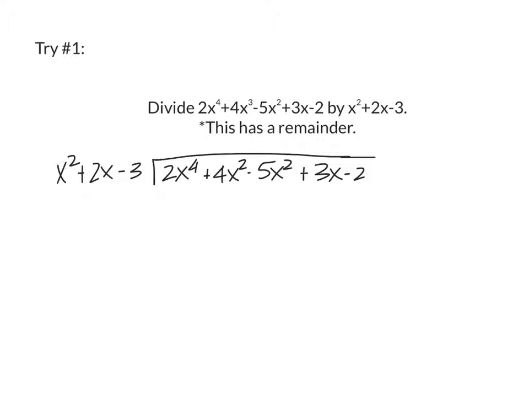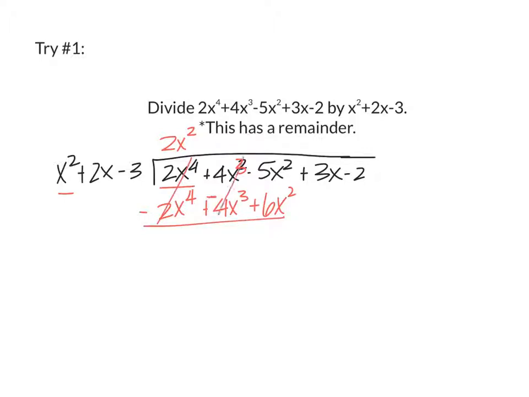If I focus on my first two steps, 2x to the fourth divided by x squared leaves me with 2x squared. Then I need to multiply, so it leaves me with 2x to the fourth and then plus 4x cubed. Sorry, this is a cubed. 4x cubed and then minus 6x squared.